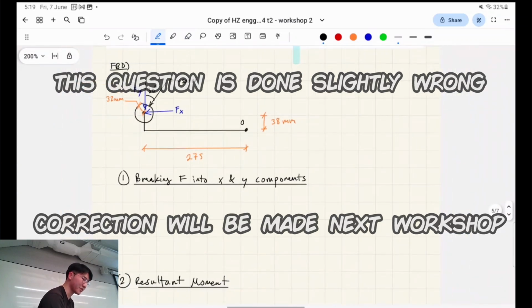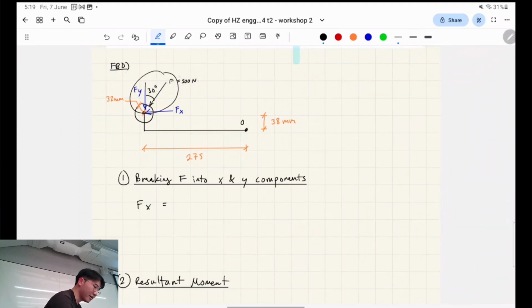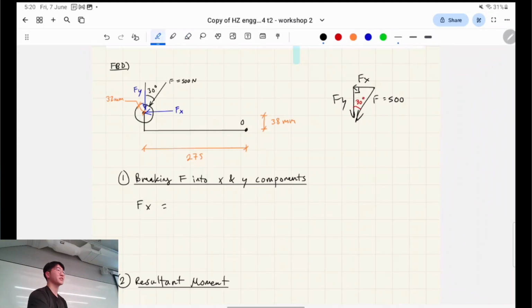So we can just solve for those Fx and Fy components using angle geometry. It looks like this. F is equal to 500, that's the diagonal hypotenuse. Fx is like that. Fy is like that. That's 30 degrees, right? And so to get Fx, we have to take the opposite side, which is the hypotenuse multiplied by sine 30.